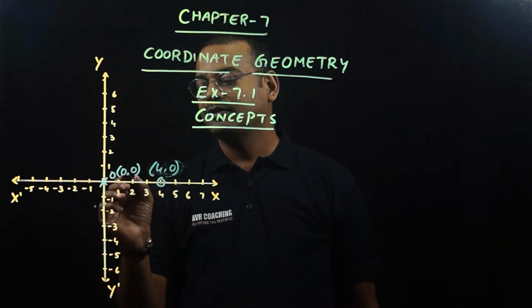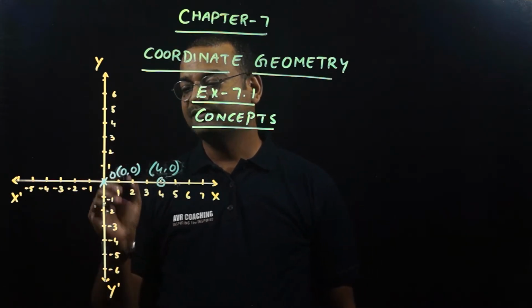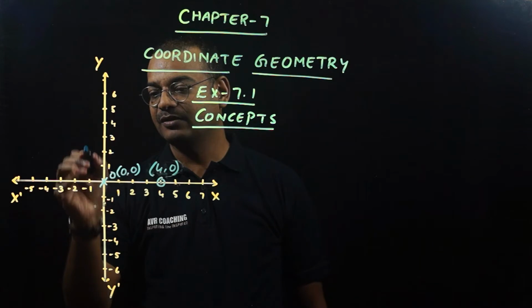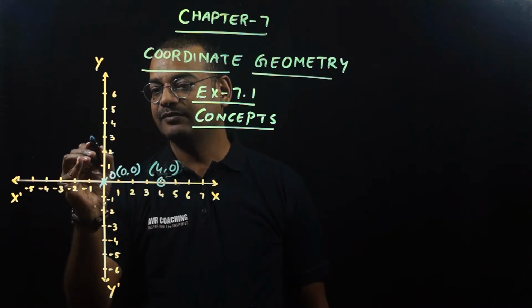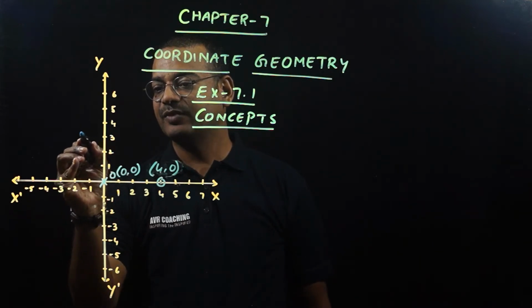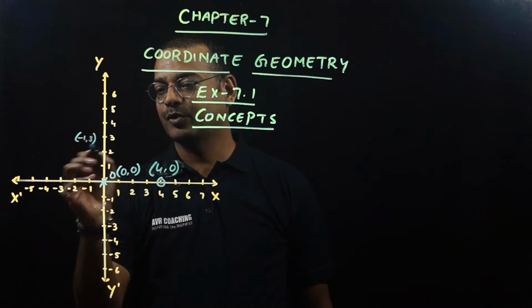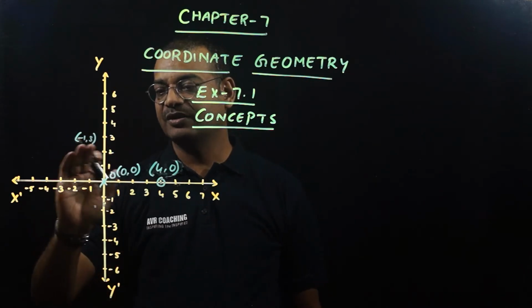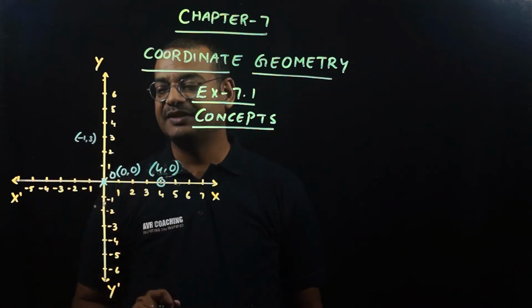When we say -1, 3, x-axis is -1 and y-axis is 3. This is the point where x is -1 and y is 3.